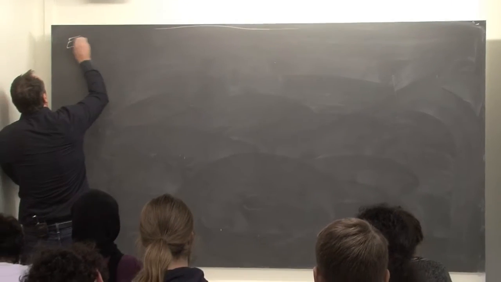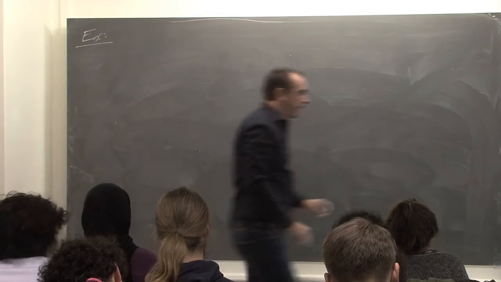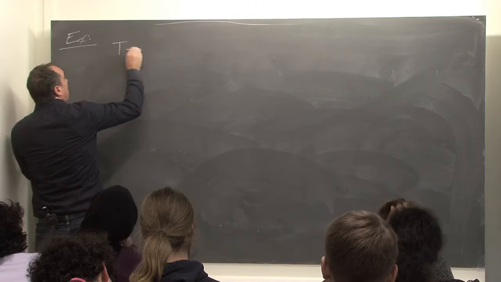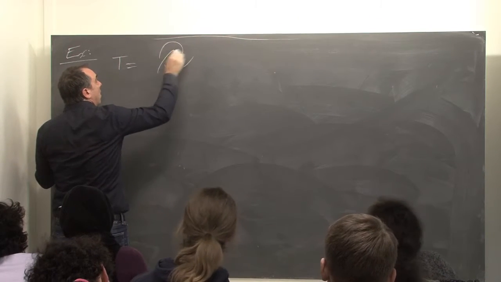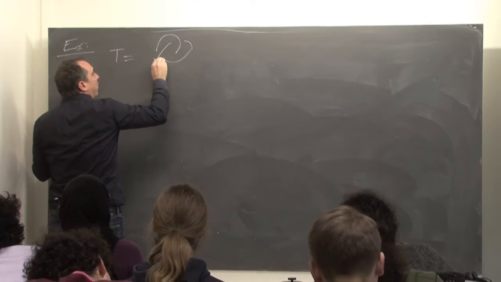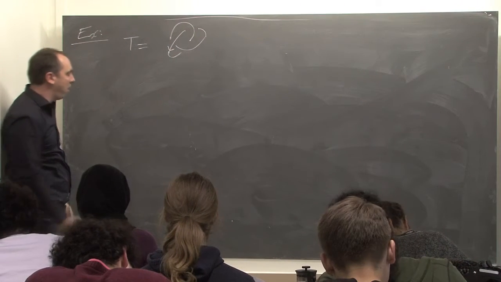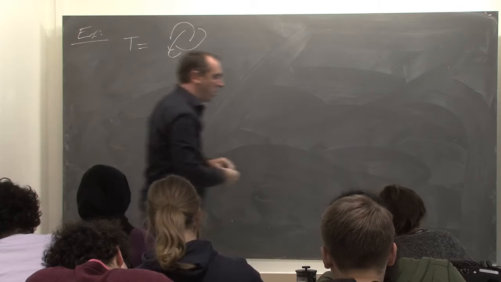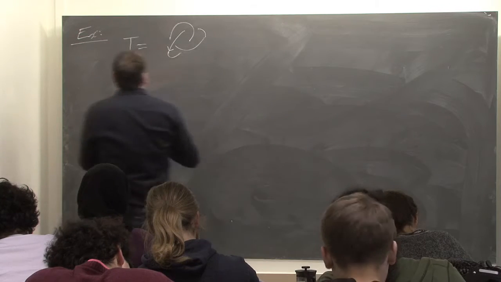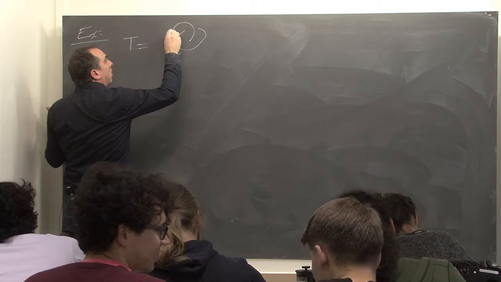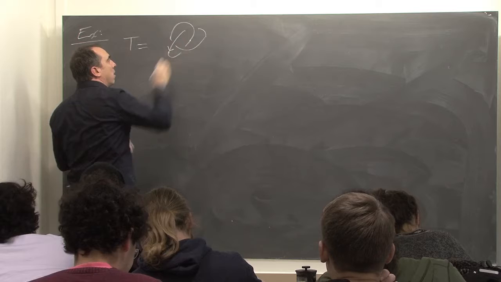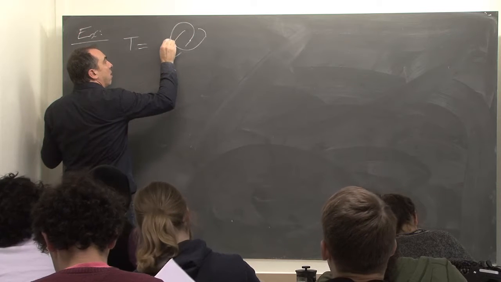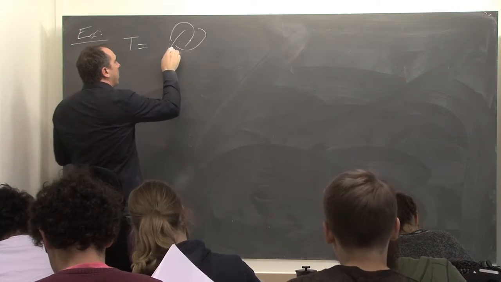So let us consider this trefoil T. And of course we take an orientation, this oriented trefoil. So we use property A on this crossing.